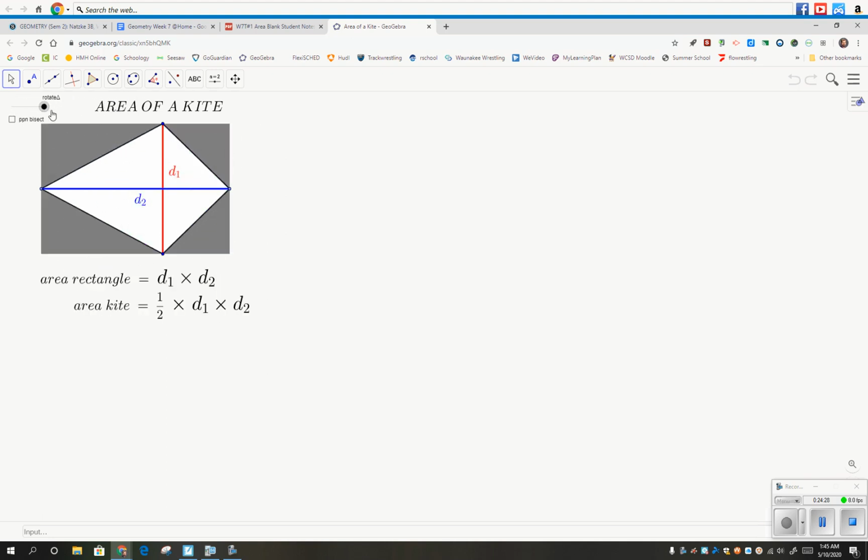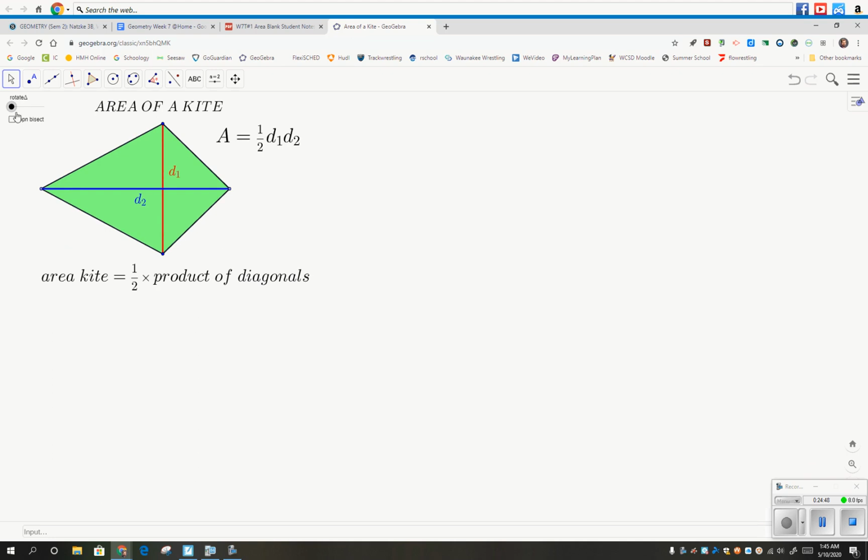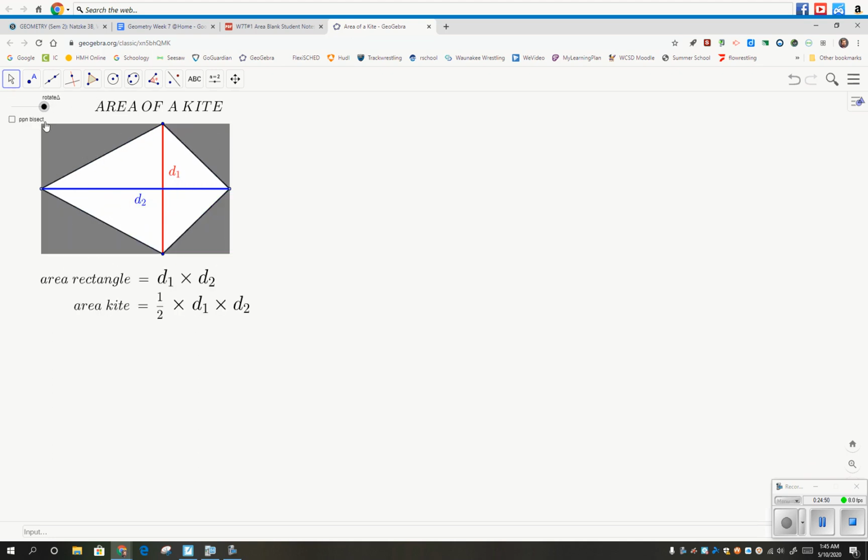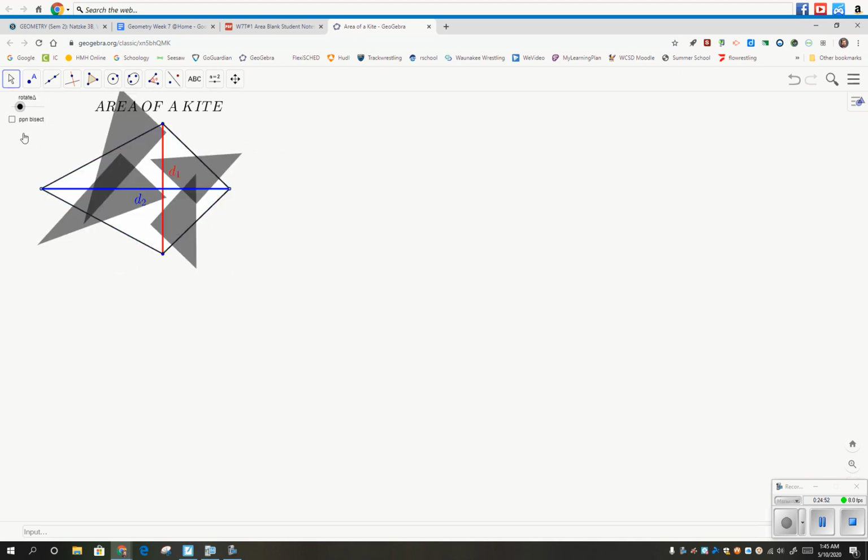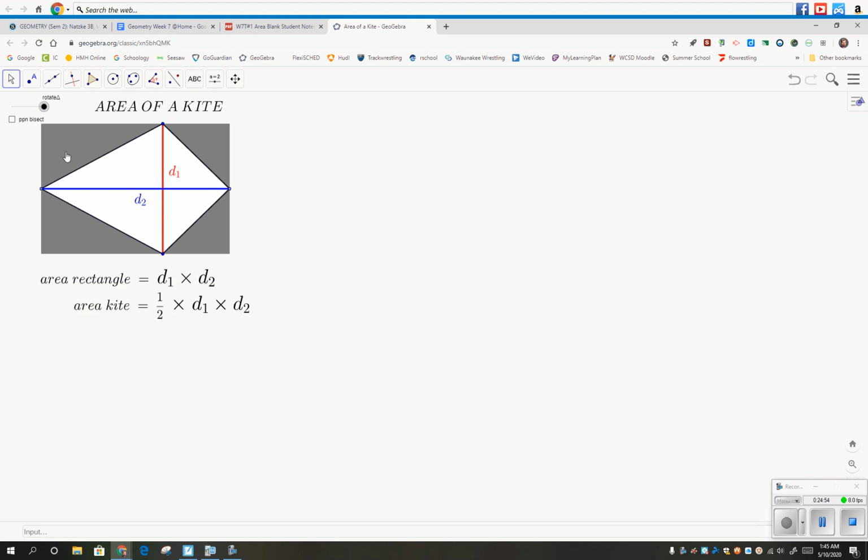Well, if I rotate these, I get a rectangle, right? What are the dimensions of the rectangle? Well, d1 is one side of the rectangle. Diagonal 2, d2, is the length of the other side. And since it's base times height, and this was half of it because I've got 4 triangles that I divided into, and I doubled by rotating them.